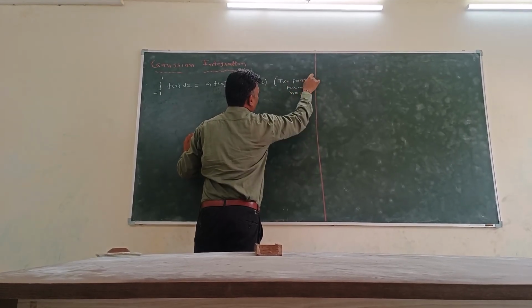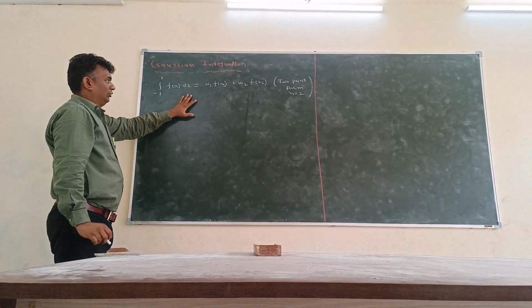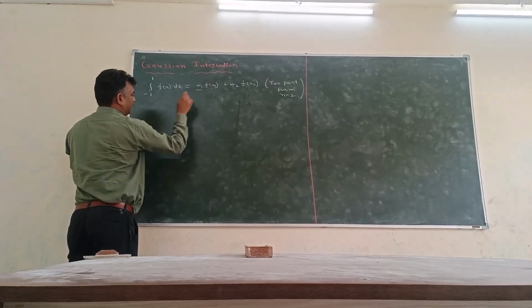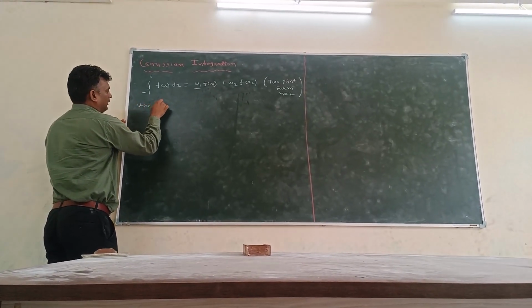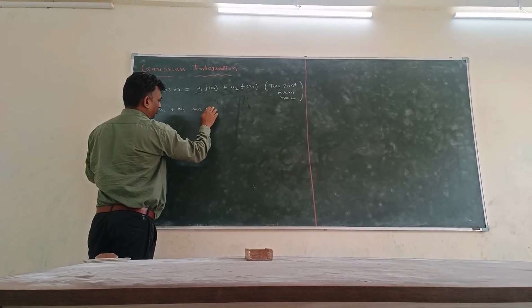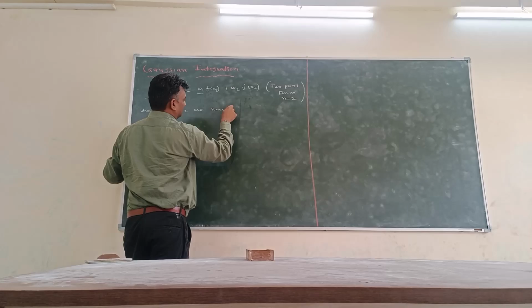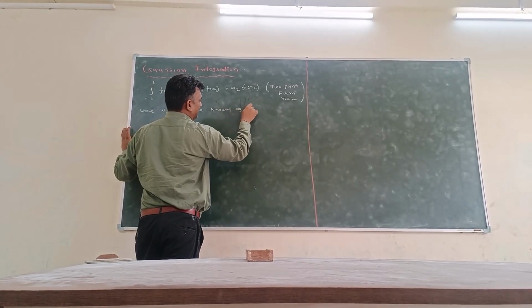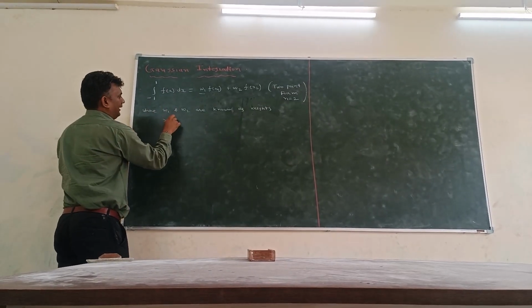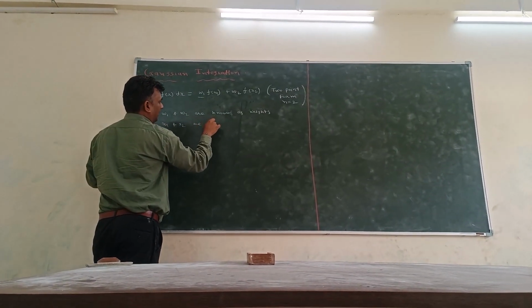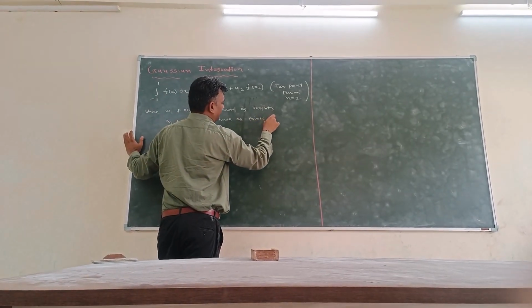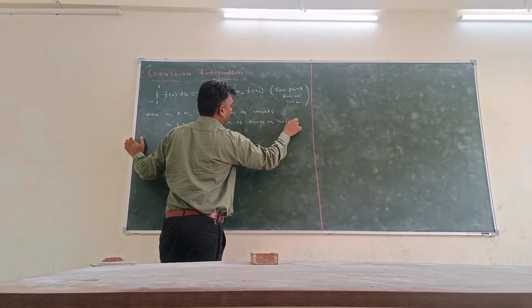W1 and W2 are known as weights, and x1 and x2 are known as points.